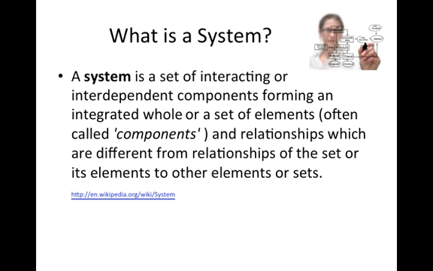So let's first define what a system is. A system is a set of components. Components will interact with each other. They may or may not be independent or interdependent between them. These components form a whole.